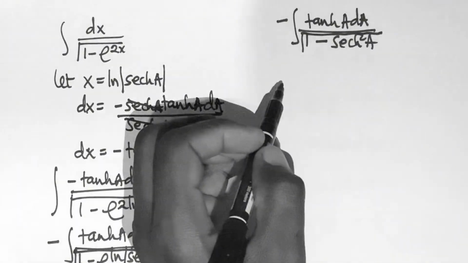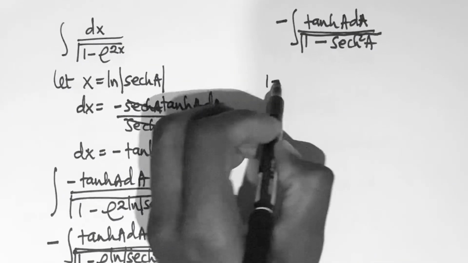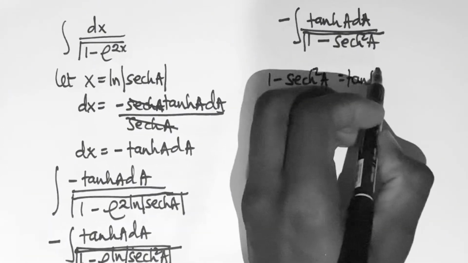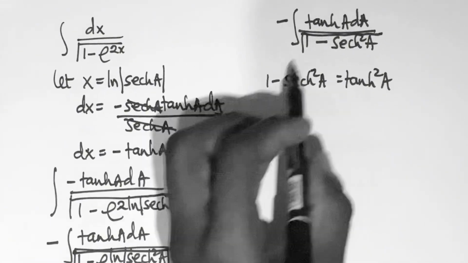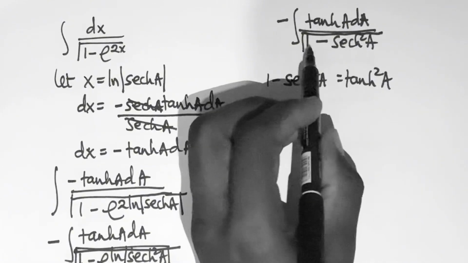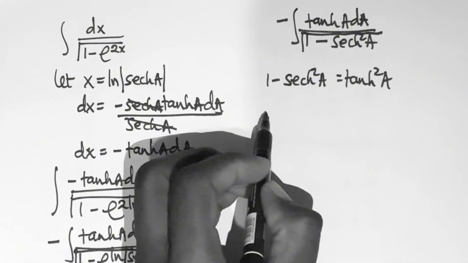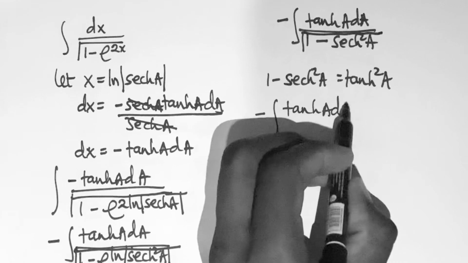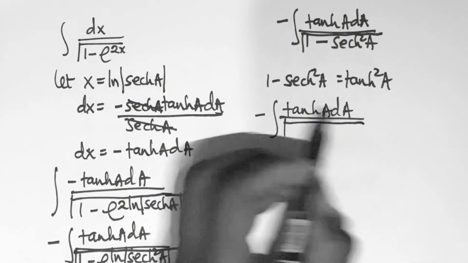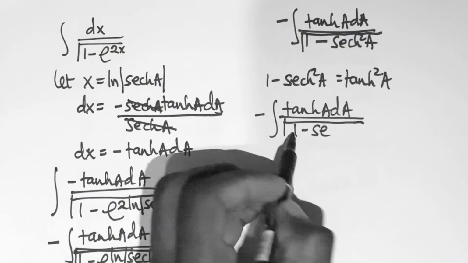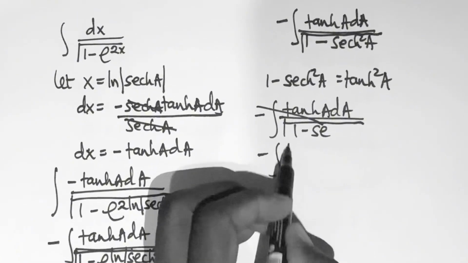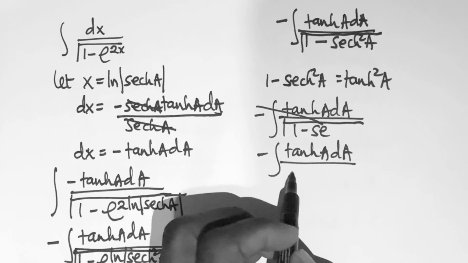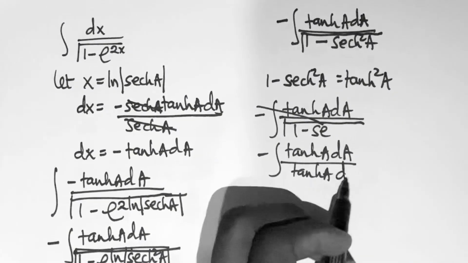Now, from hyperbolic identities, we know that 1 minus sec squared A is equal to hyperbolic tan squared A. So therefore, square root of 1 minus sec squared A will be tan A. So the integral becomes minus integral of hyperbolic tan A dA, divided by tan A dA.